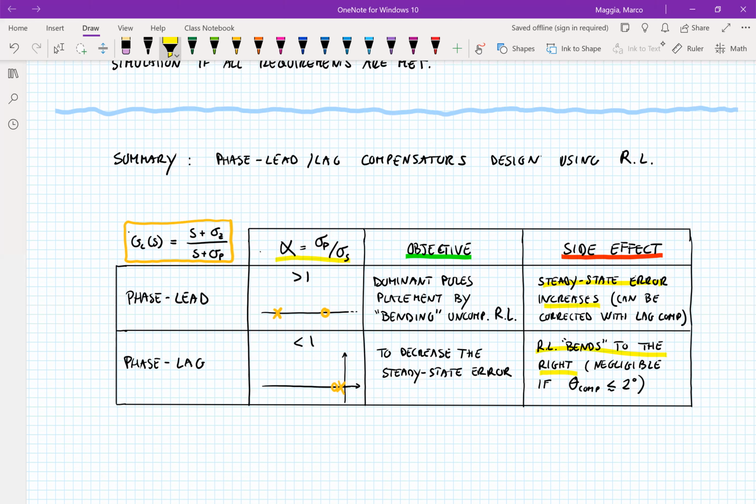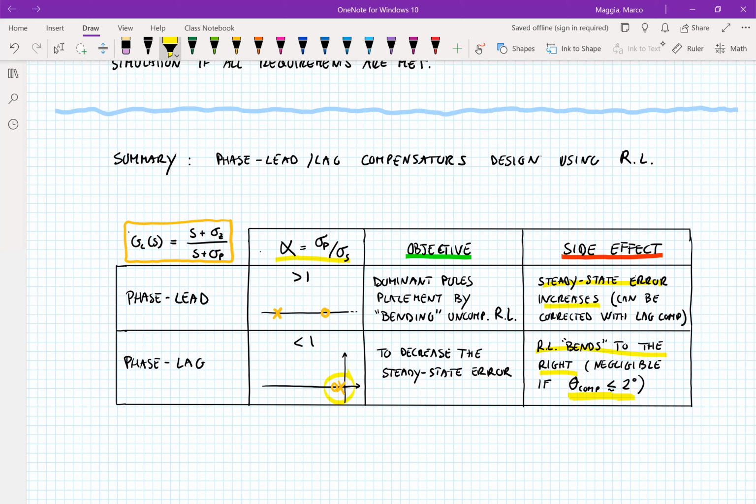However, if the angle associated with it is less than 2 degrees, it doesn't move that much, as we saw in the example. So the side effects are really not a big deal, because the side effect of the lead compensator increasing the steady state error can be corrected using a lag compensator. And the side effect of the lag compensator of bending the root locus to the right can be minimized by using a compensator that has both zero and pole close to the imaginary axis.